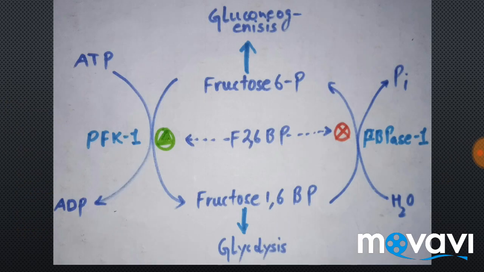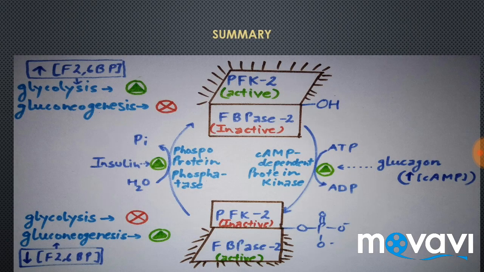There is a flow chart which demonstrates the presence and absence of this molecule, fructose 2,6 bisphosphate. You can see that. And in summary, this is important. I forgot to tell you that these enzymes PFK2 and FBPase2 are present on the same enzyme. So this is one enzyme which has two functions, phosphorylation and dephosphorylation.